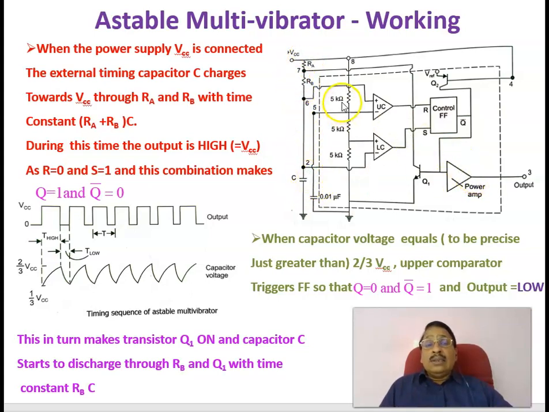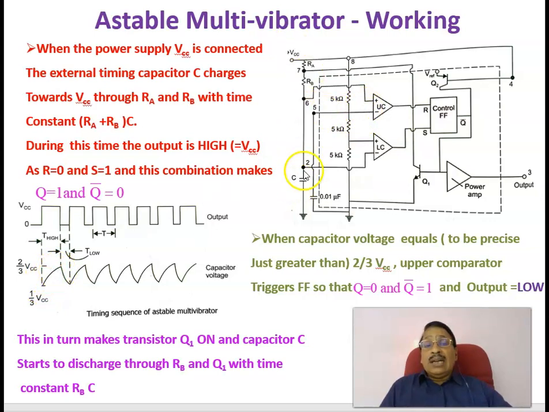Here the working is as we have seen. The capacitor charges through RA and RB with a time constant of (RA plus RB) times C. During the charging process, the capacitor charges from 1/3 VCC to 2/3 VCC.